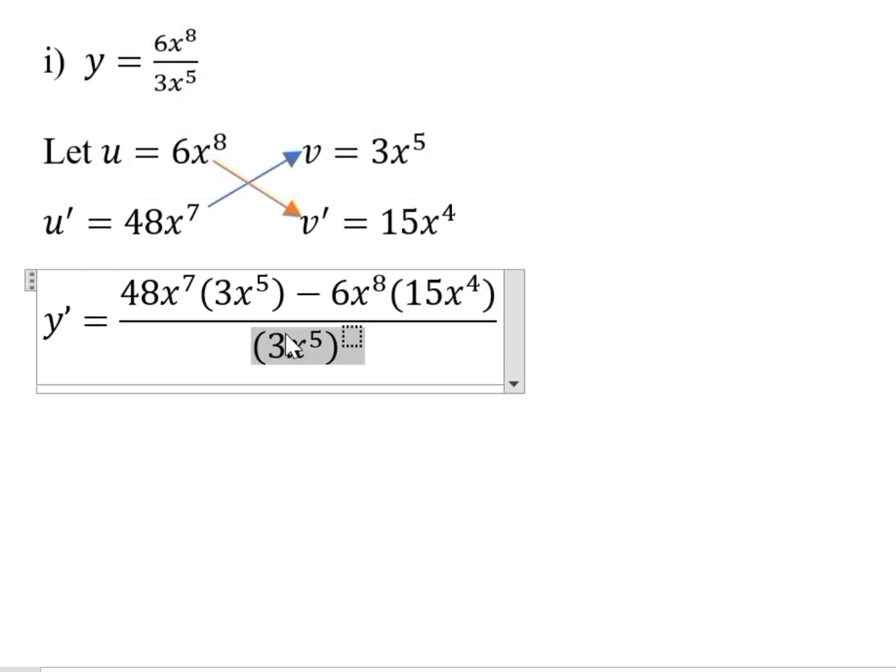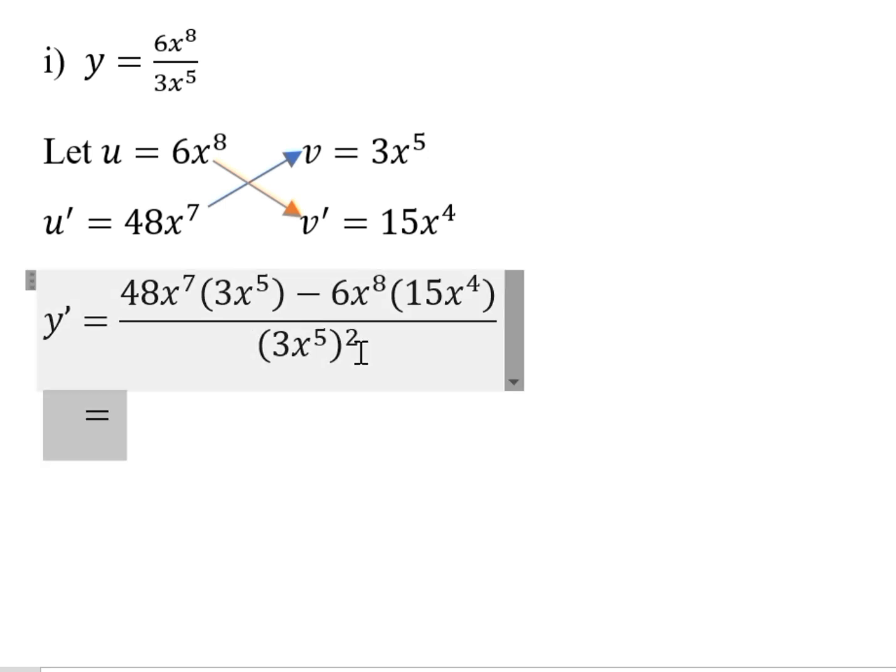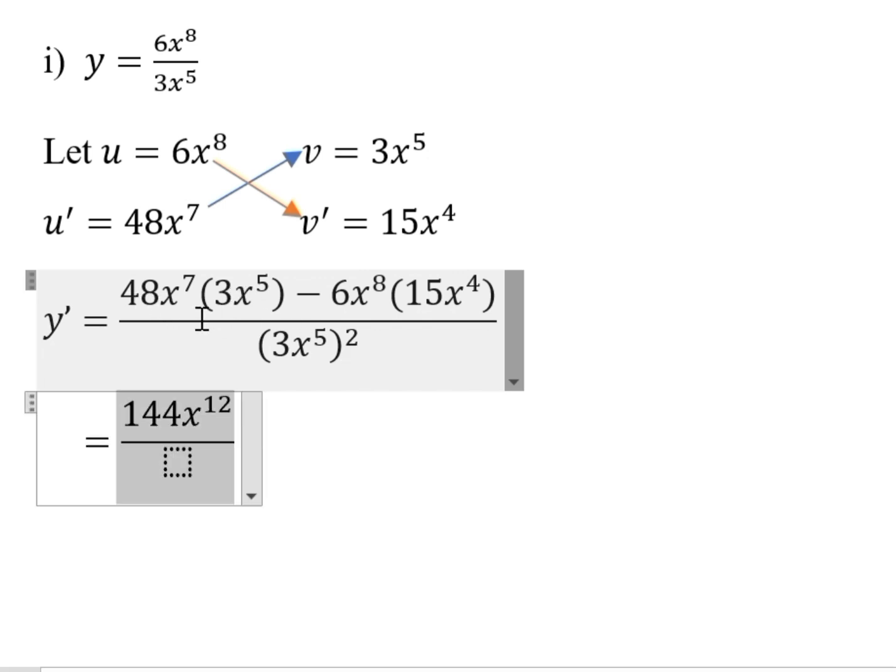Our v is 3x raised to power 5, then we square it. Now we open the brackets on the numerator side. We shall have y prime being equal to this times this, giving us 144x raised to power, because this x raised to power 7 and x raised to power 5 are multiplied under the laws of indices.